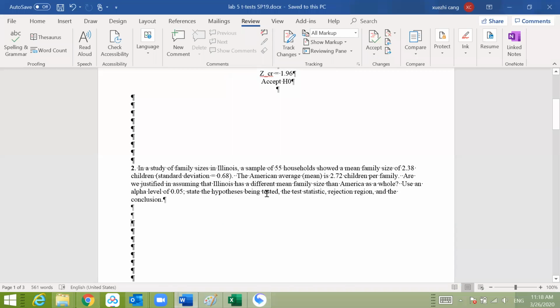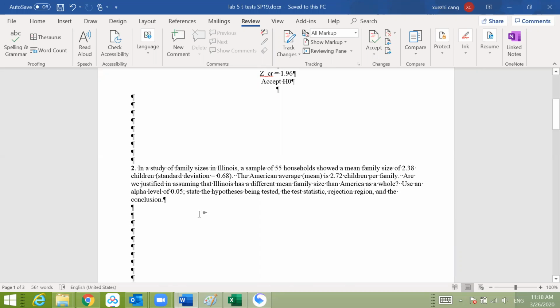Okay, let's now analyze this question first. The question is asking you to compare whether the sample of the family size in Illinois is from the American average group.